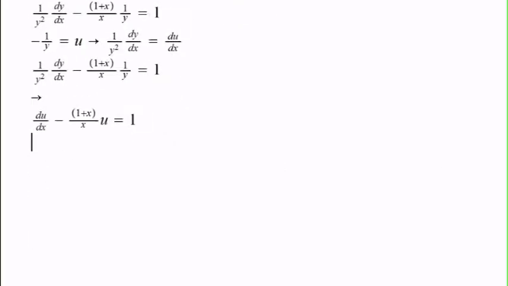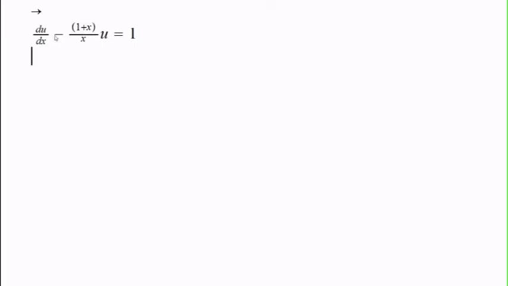Now we can find the integrating factor, which is obtained by taking the exponential of the integral of this quantity. So first let's go ahead and write the integral of this quantity. We can pull the negative sign out, and then we get 1 plus x over x dx.